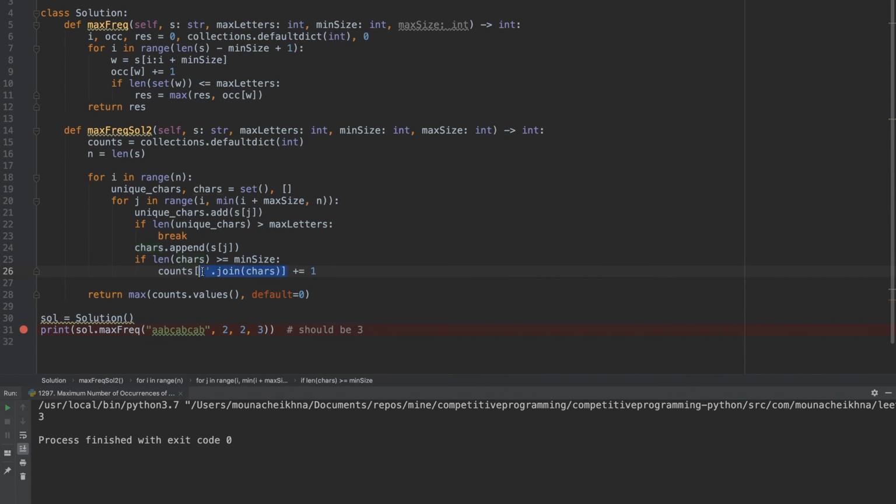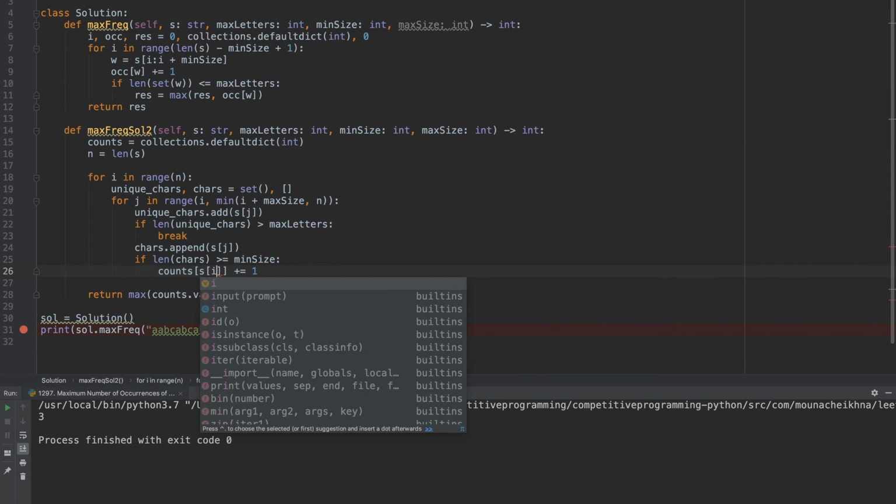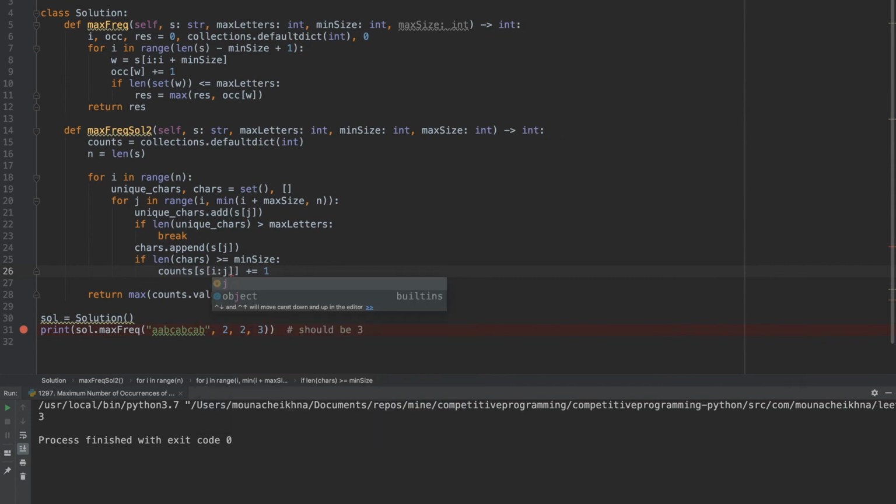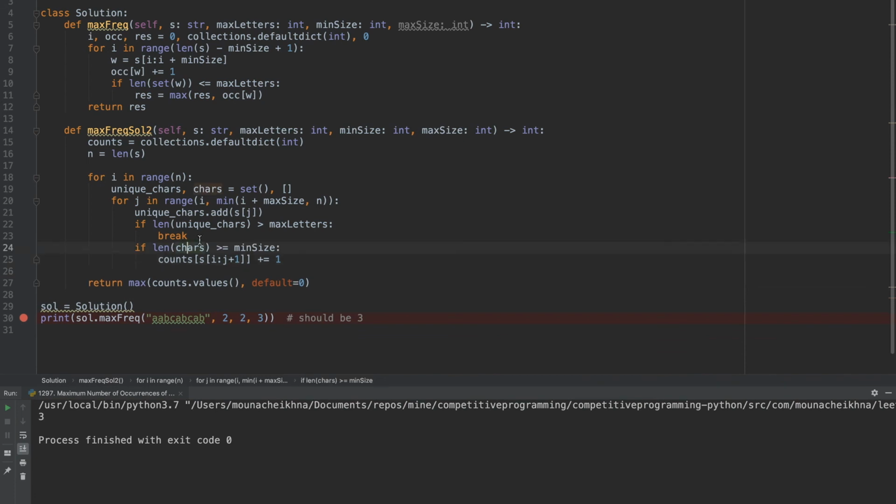Yeah, so I think we could just here, instead of doing this, we could just say s[i:j+1], right? And no need to do this. No need to have this. Just use that.